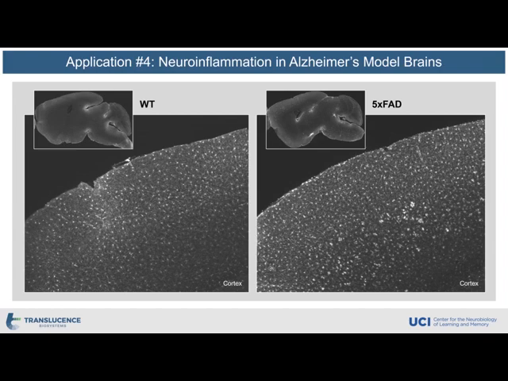So here what I'm showing you is the control and experimental activation of IBA1 expression in the 5X FAD aggressive model for amyloidosis. In the 5X animal, of course, there are plaques that begin to form, and we can see in the IBA1 signal the migration and activation of microglia around those plaques.